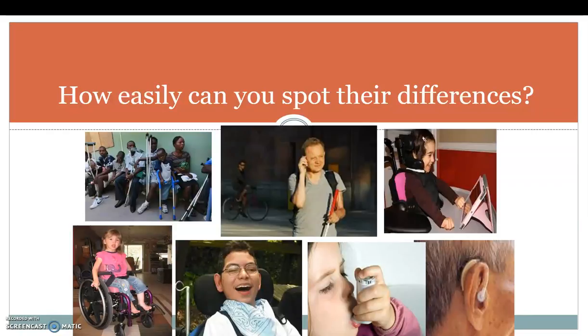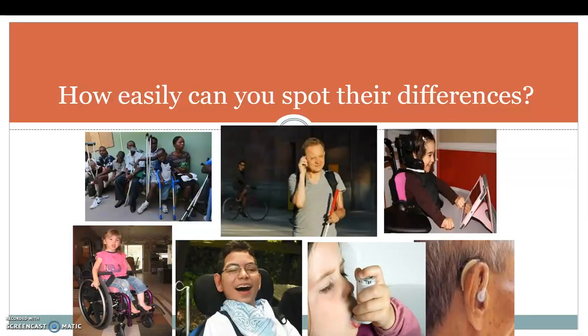For example, starting from the left, if we look at the second row, the third picture, the girl who's using the inhaler, you may not have been able to recognize that she has a special need if she was not using the inhaler. So we realize that for persons with special needs, it's not always easily identifiable.